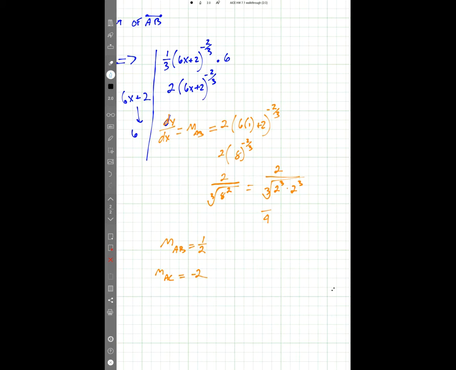So my equations are going to be y minus 2 equals 1/2 (x minus 1), and y minus 2 equals negative 2 (x minus 1). So those are our two equations.